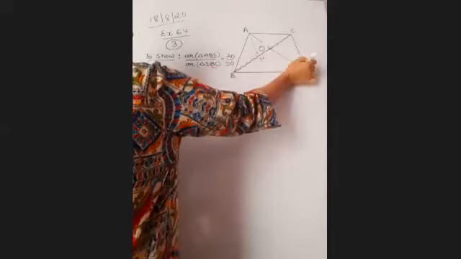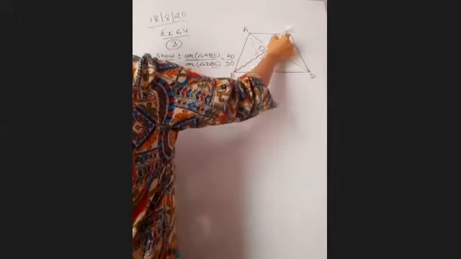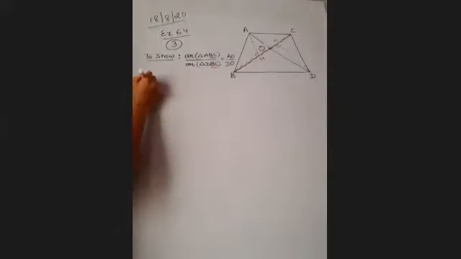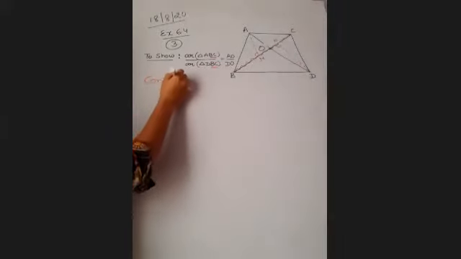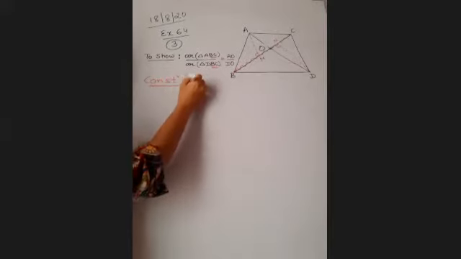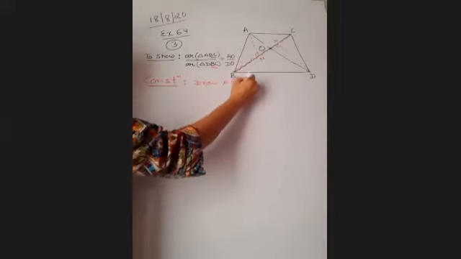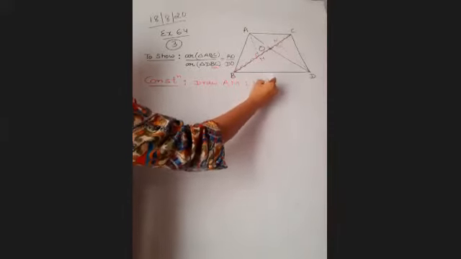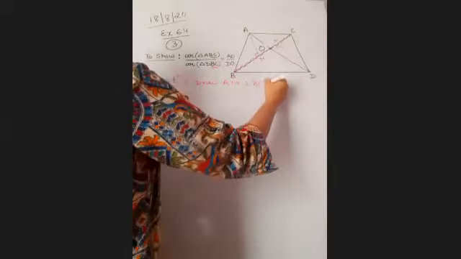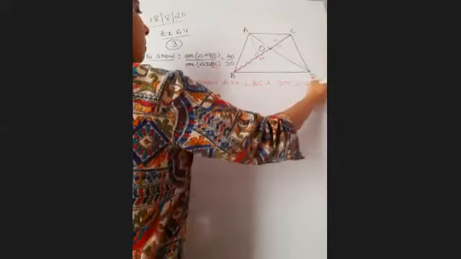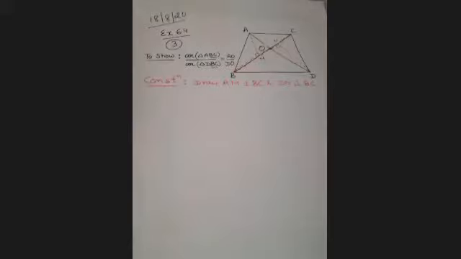In this triangle, the perpendicular will be something like this, let's say DN. So I am doing a construction here, and the construction is: draw AM perpendicular to BC and DN perpendicular to BC. Clear, children?